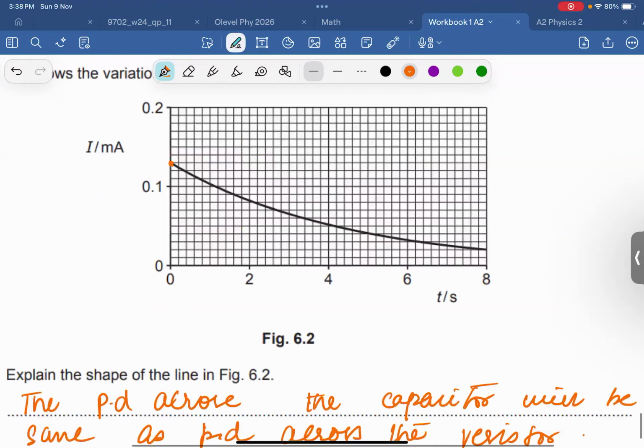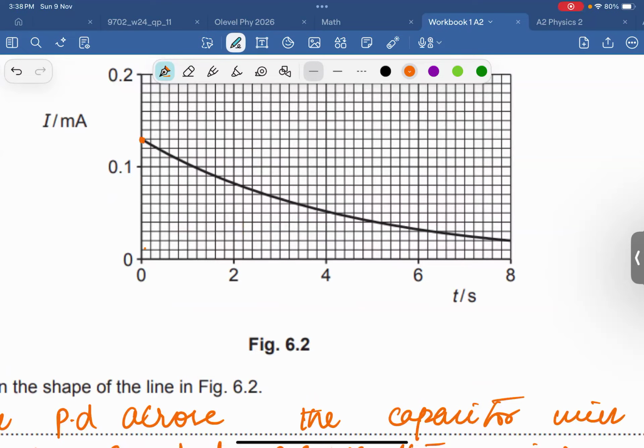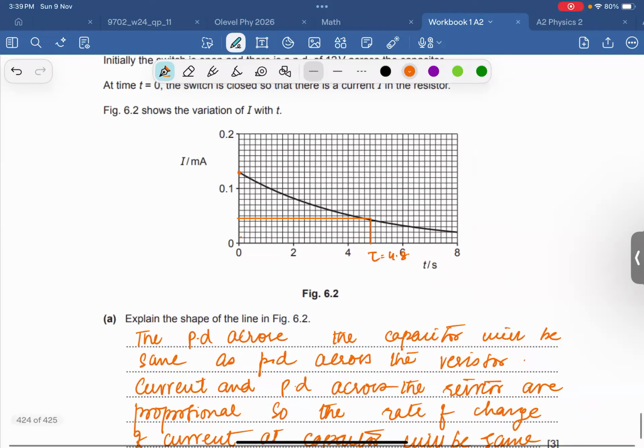0.01, 0.02, 0.03, 0.04, approximately at this point. So this is going to be one time constant. 4.2, 4.4, 4.6, 4.8, so this is the value of 4.8.